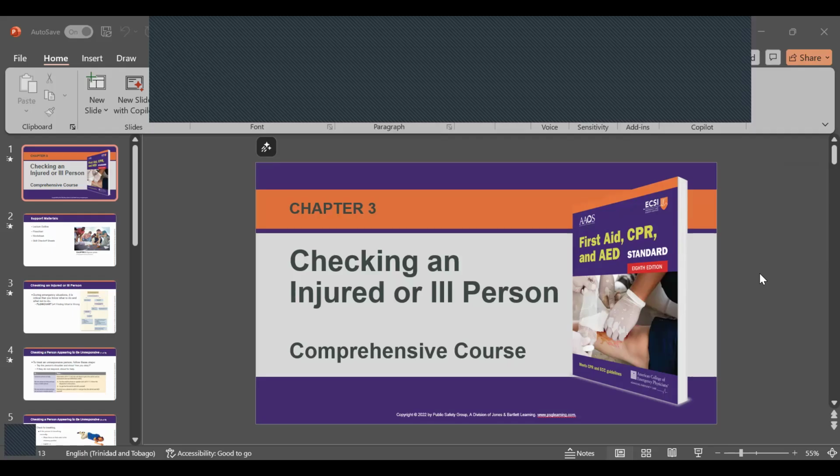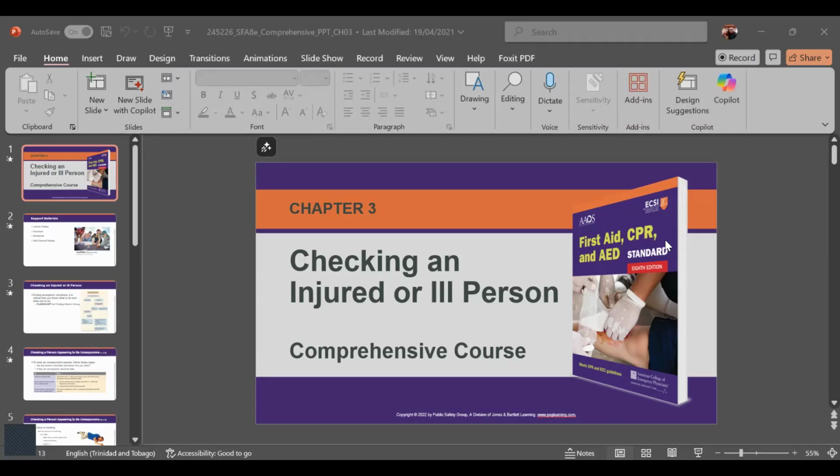So we were just having a little discussion on components and things we're looking for with respect to the scene. And we're going to continue now looking at actually checking the injured or the ill person, right? Assessing this patient.